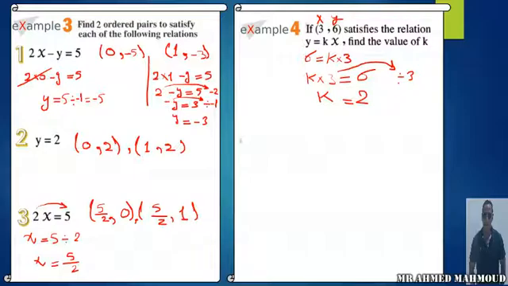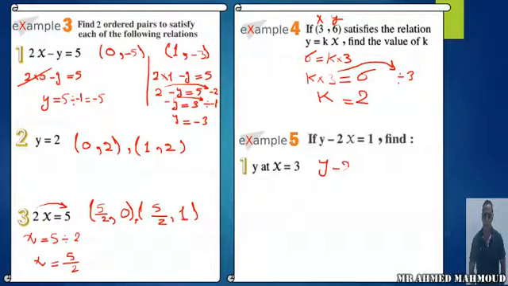Another example. If y minus 2x equals 1, find number 1, y at x equals 3. At x equals 3, I can find y. I will put 3 in place of x. y minus 2 times 3 equals 1.